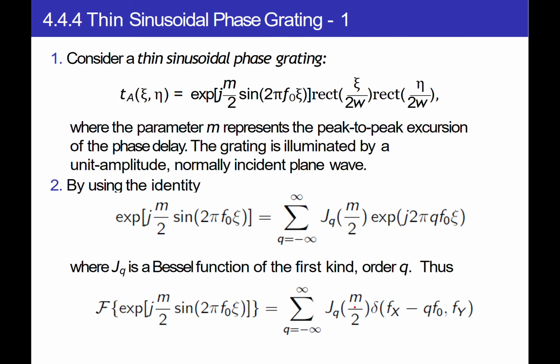And now we are going to talk about the sinusoidal phase grating. In this case, instead of intensity or amplitude, we have a phase. The phase is modulated by the spatial frequency f0. Okay, so it is very different from the amplitude grating.